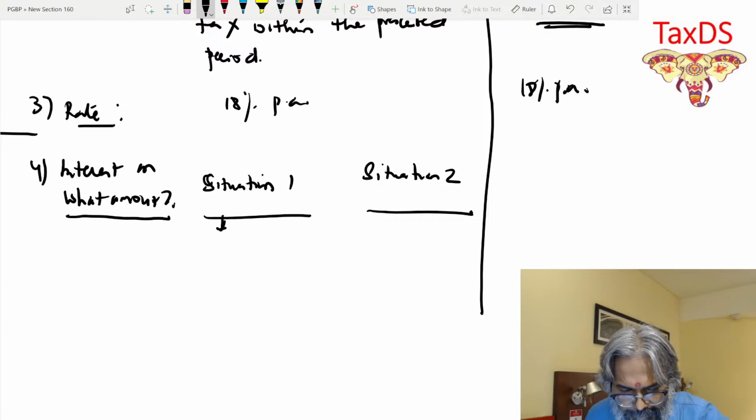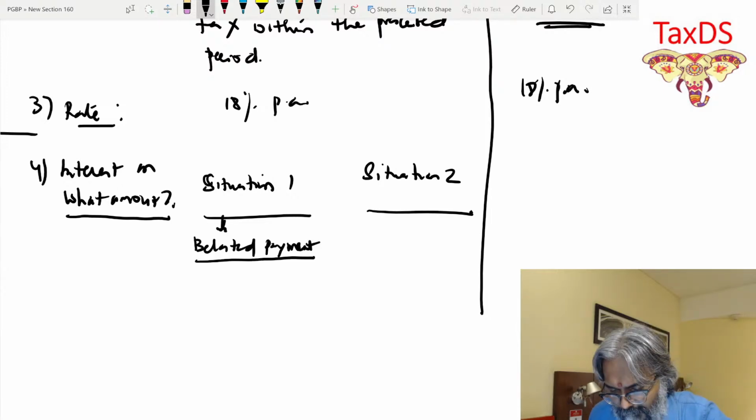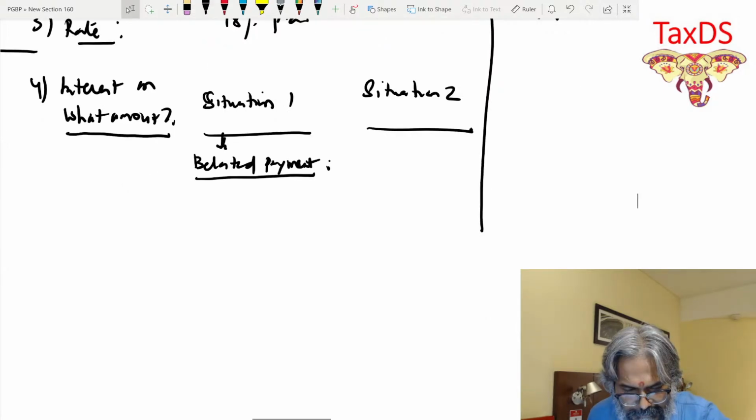So therefore, situation number 1, belated payment. Situation number 1, students, is about the belated payment. What exactly is it?